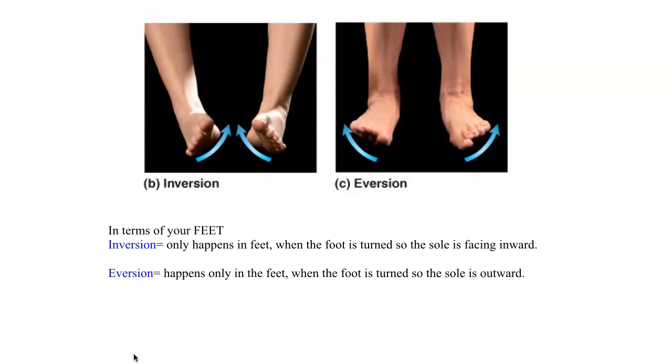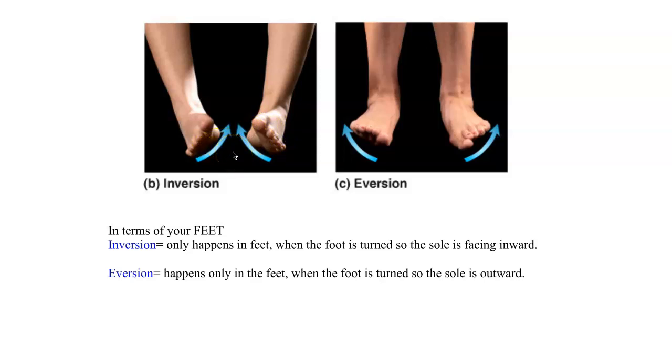The last one we're going to do on this video is foot inversion and eversion. So in inversion, what happens in your feet is when your foot is turned so the sole of the foot, the bottom of your foot, is facing inwards.